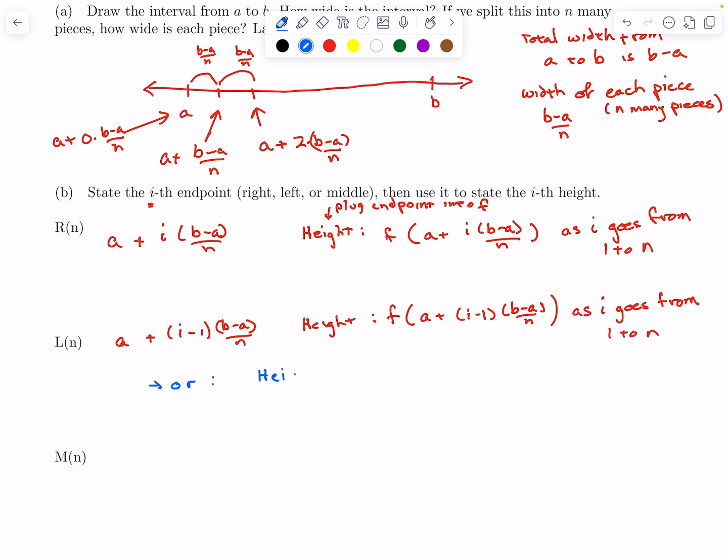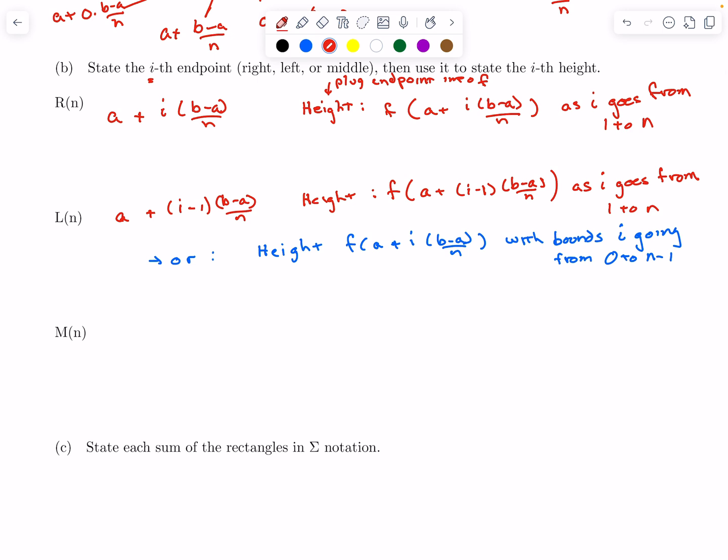So that's something. Then you just use the same notation as with the right-hand endpoint. Okay, so that gets us the left-hand endpoint for almost free.